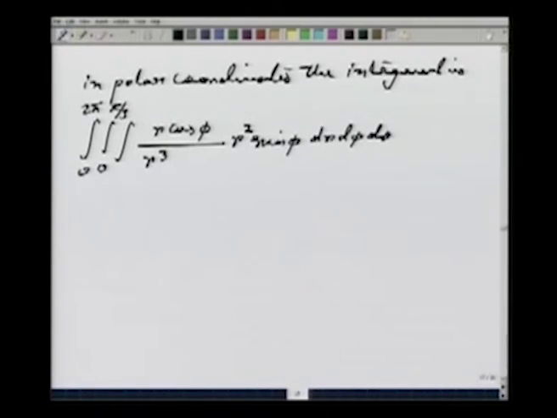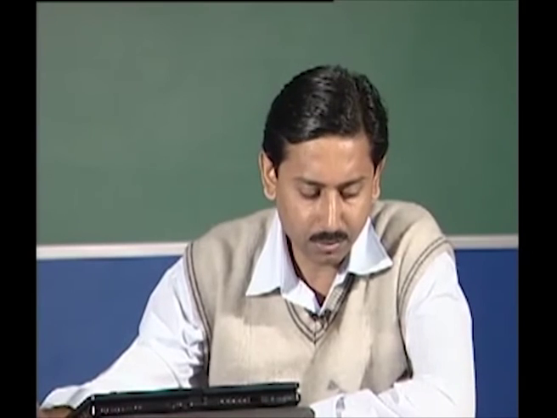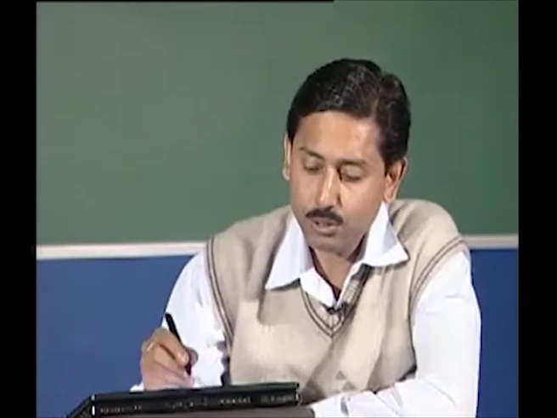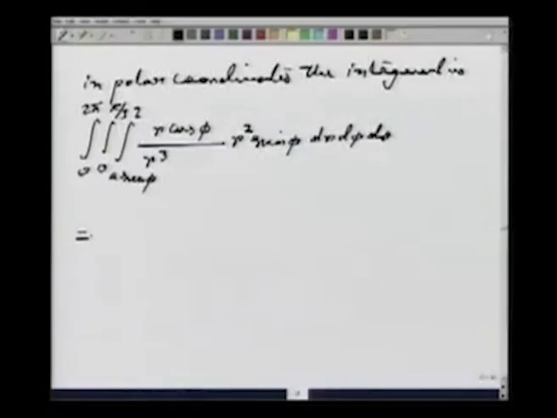Then a little calculation regarding r is needed, which I urge you to do yourself. That turns out to be a sec phi to 2. It is not really very difficult, just look at the picture, then you see the variation of r. Once you do this, this r goes away, and you are finally landing up with 0 to pi by 3.